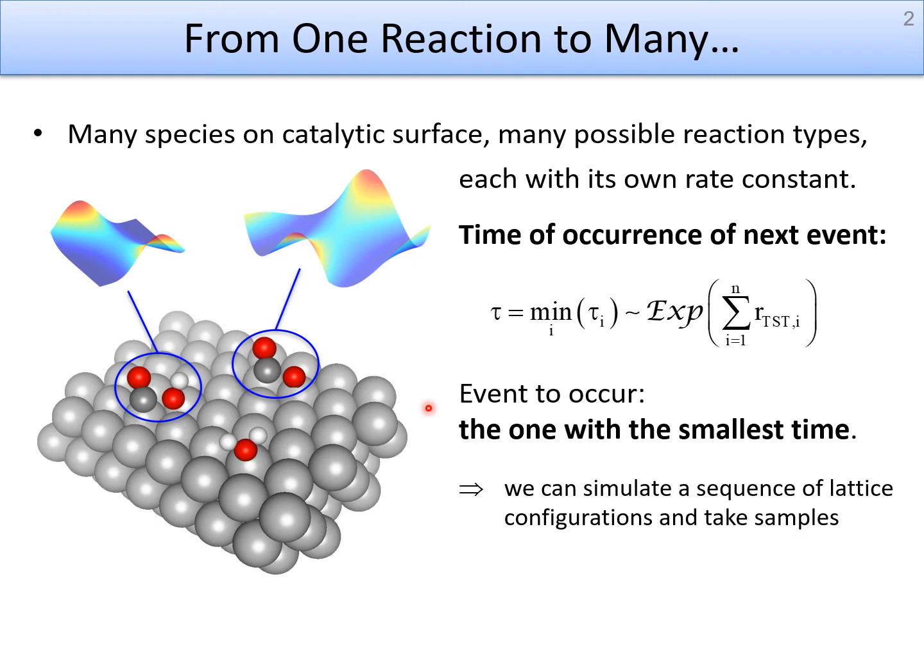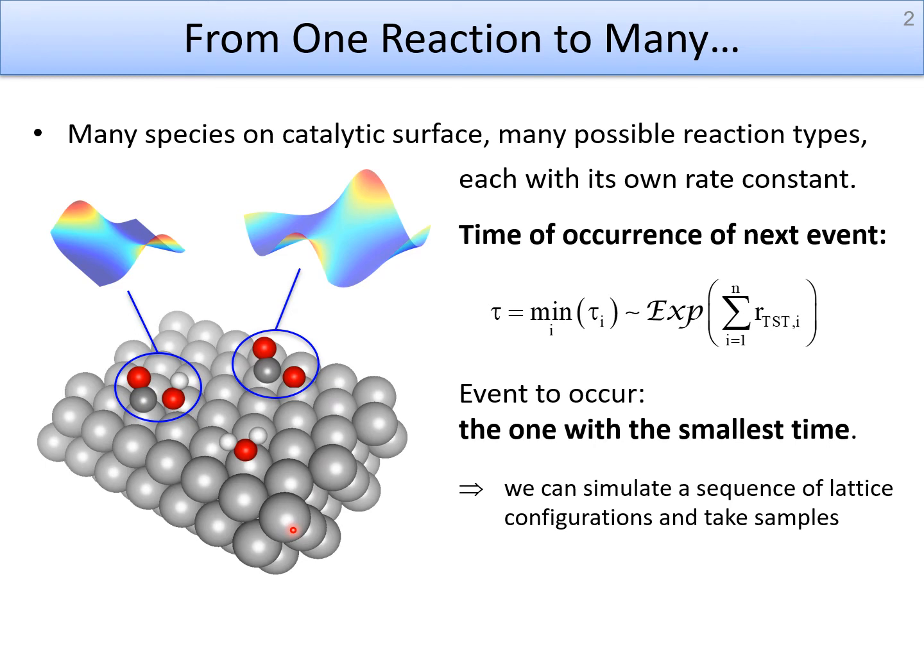So essentially, as I said in my earlier example, what I'm doing is I'm generating random times of the events of adsorption, desorption, diffusion, the different reactions on the surface. I take the minimum, and then I can perform the reaction event on the lattice, so I can update the lattice configuration. Then again, I know the possible reactions that can happen.